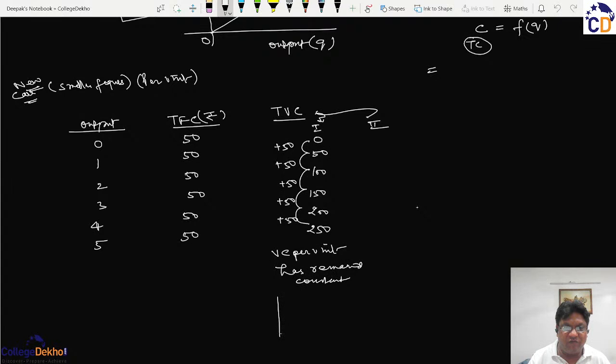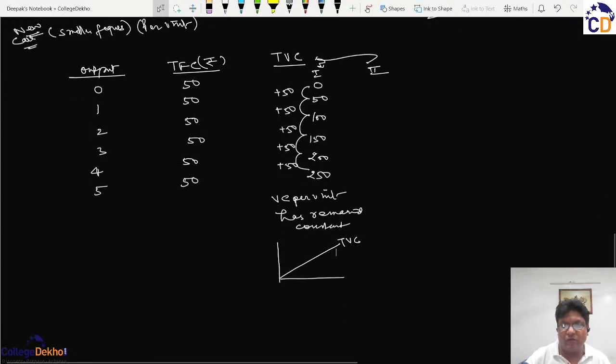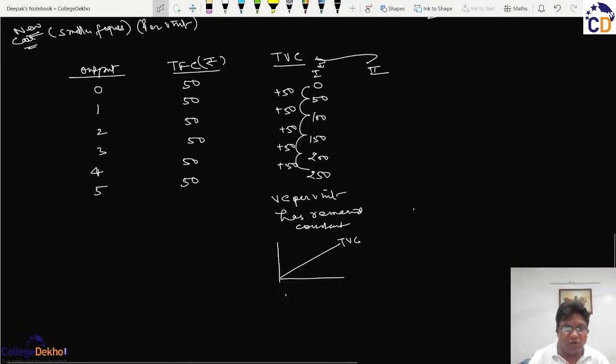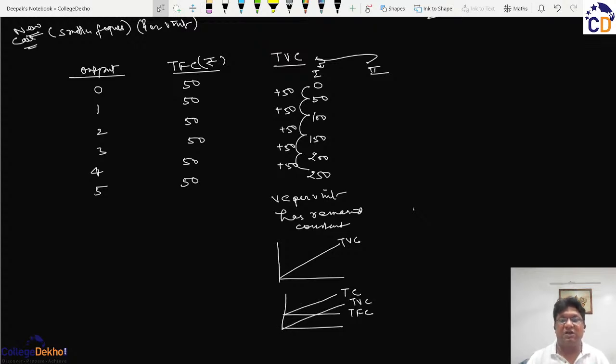So the graph here was a straight line, and therefore the total cost graph was in addition to the total fixed costs, and it was parallel to the total variable cost as discussed above.